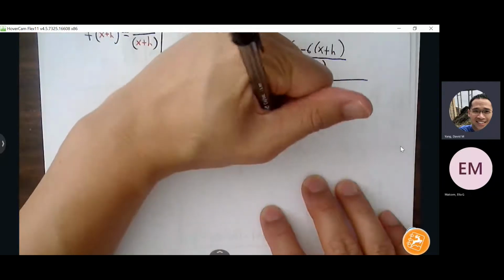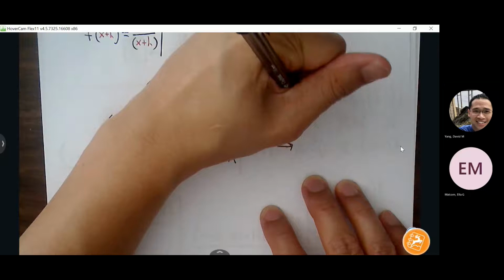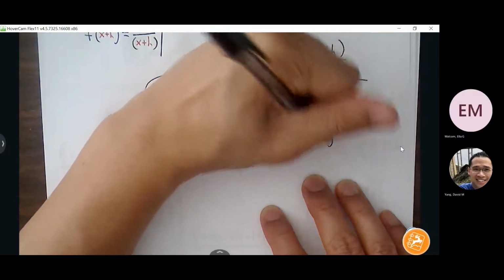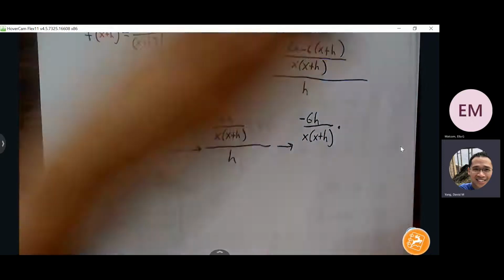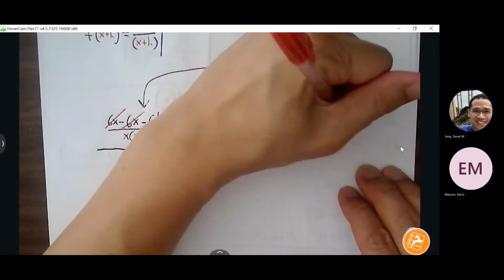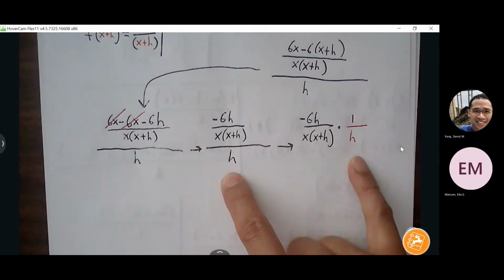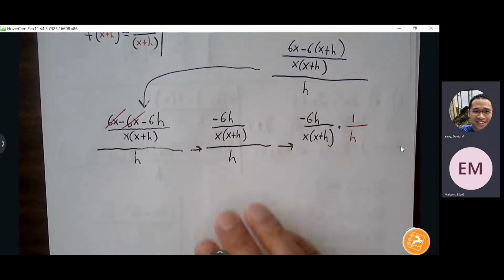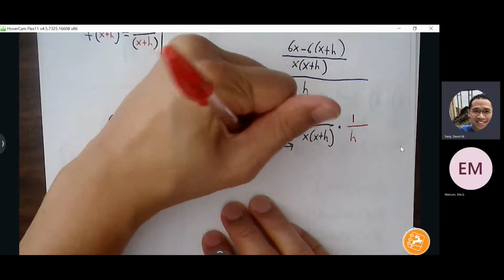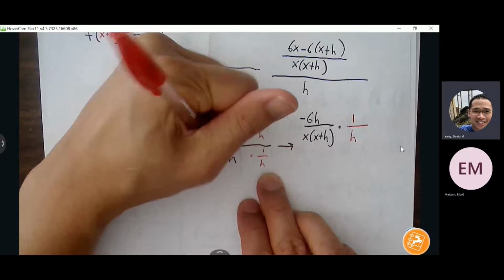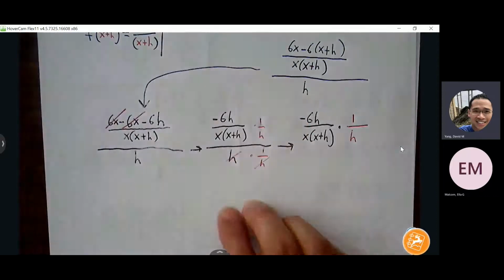So I'm going to bring that h up. Dividing by h is the same thing as multiplying by 1 over h. See that? I flipped that h to the top. And I know that this will just go away because I multiply by the reciprocal.